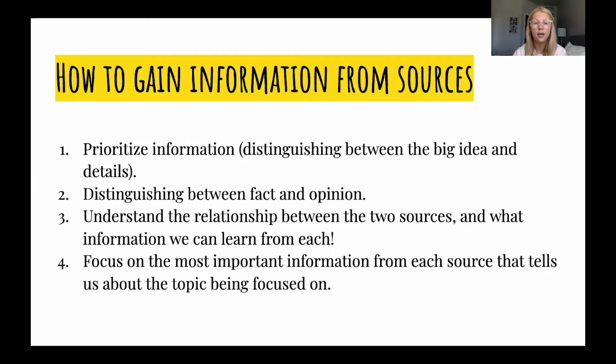Number three, understand the relationship between two sources and what information we can learn from each. Understanding exactly how these two sources can be used together to gain a larger understanding of a topic is very important. Number four, focus on the most important information from each source that tells us about the topic being focused on.